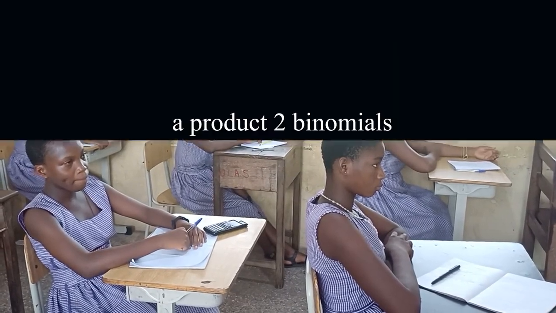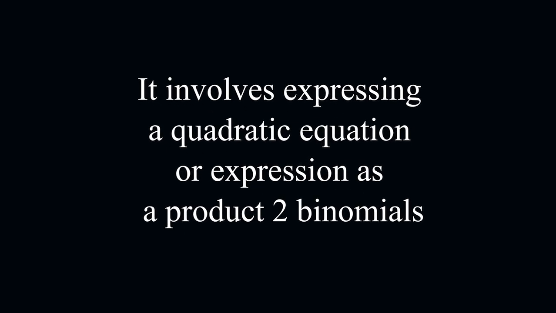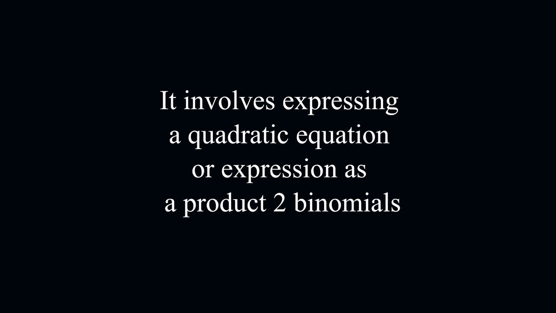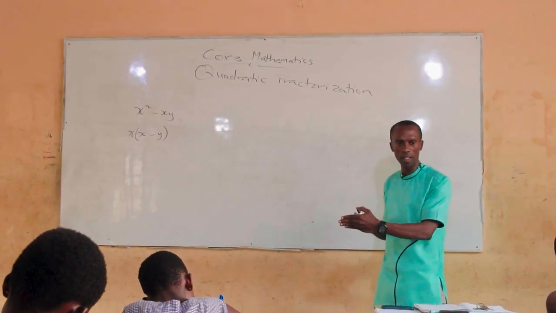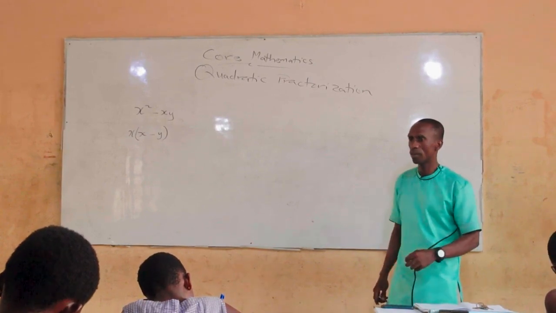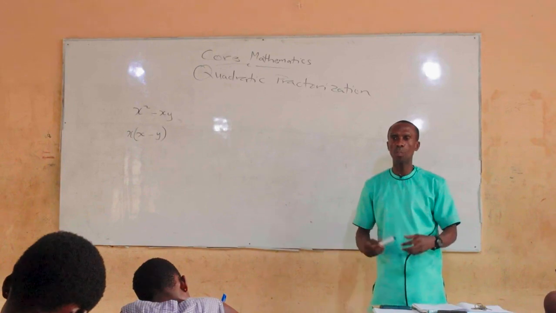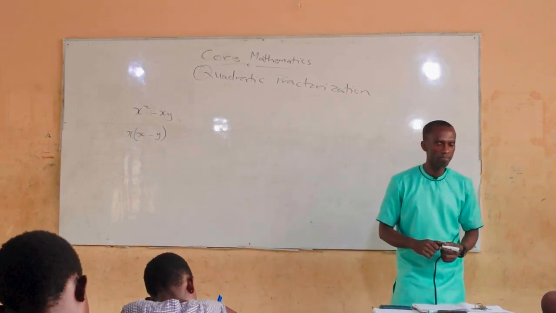It involves expressing a quadratic equation or expression as a product of two binomials. I repeat. Quadratic factorization involves expressing a quadratic equation or expression as a product of two binomials. Is that understood? Yes. Good.